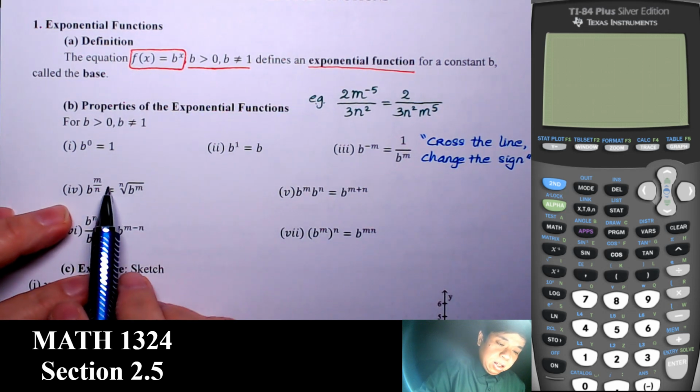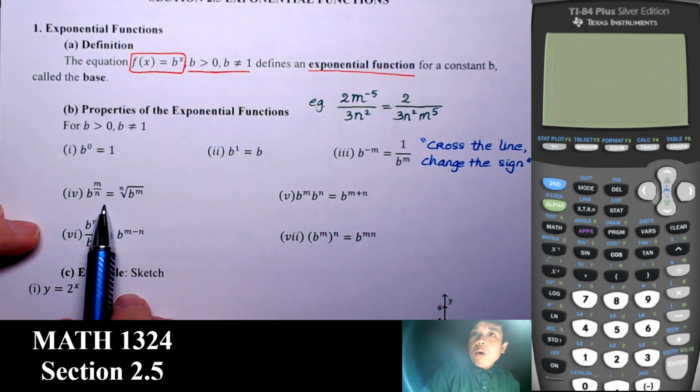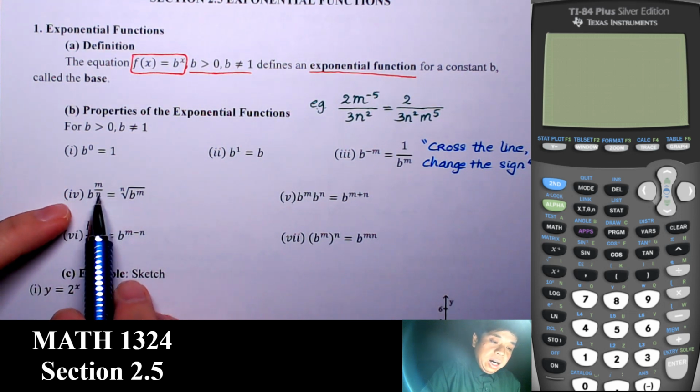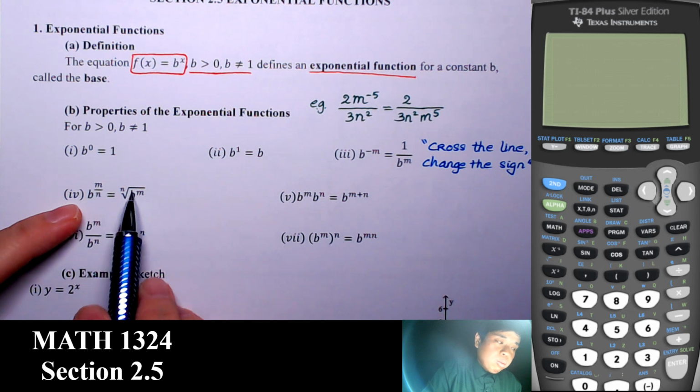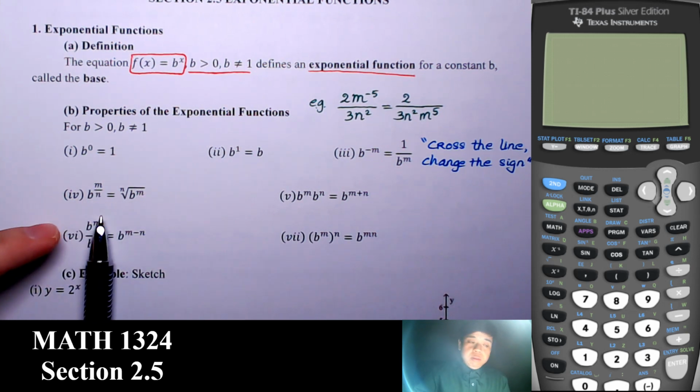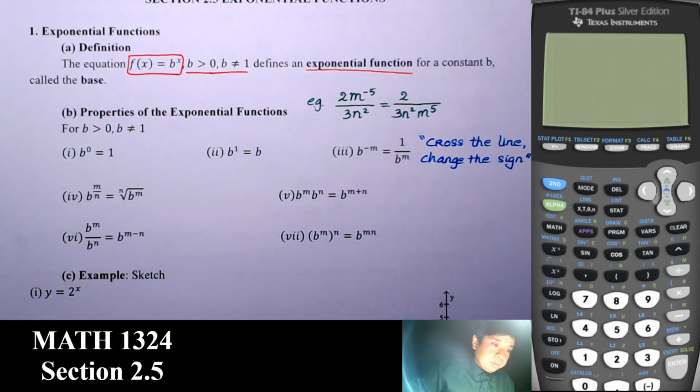Next we have this in 1325, that is more important, but for now, if we raise to a rational exponent, the top will be the power, the bottom will be the index of the radical. So let me write this.